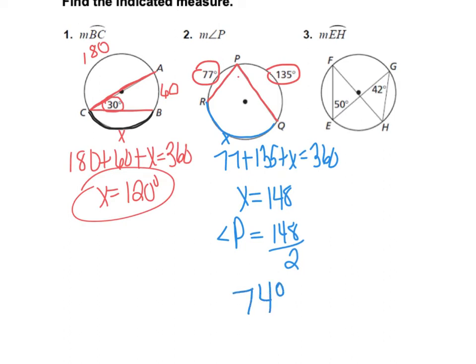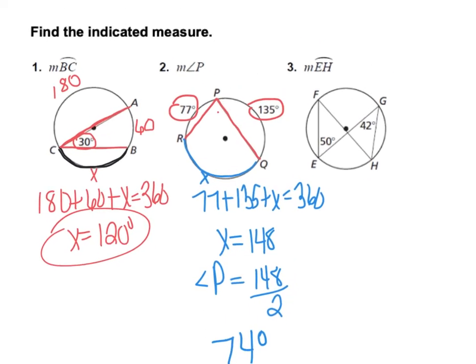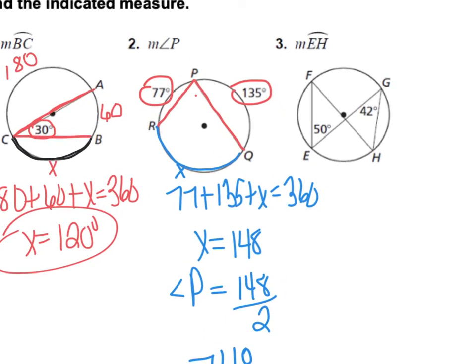Moving on here, it wants to know the measure of arc EH, which is from here to here. What can we figure out from the information on the picture? This angle here is 50 degrees, which means the arc that it intercepts is 100 degrees, because it's double.